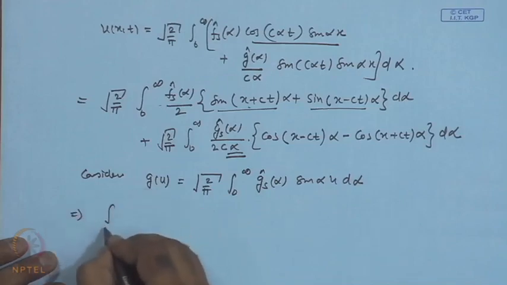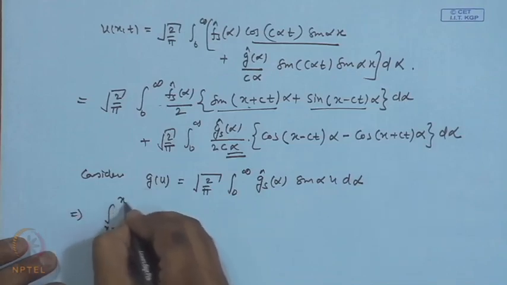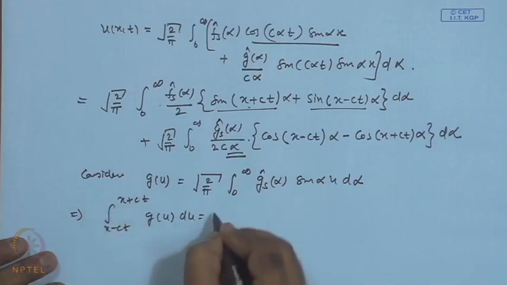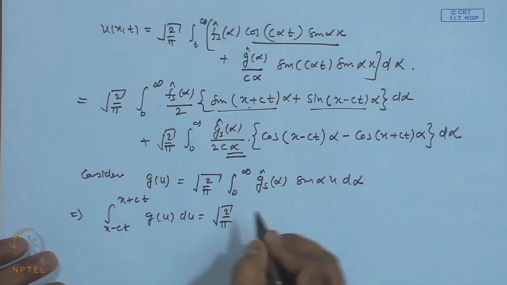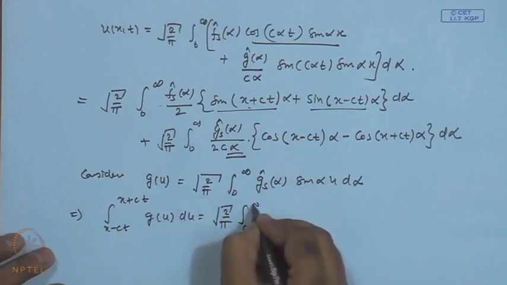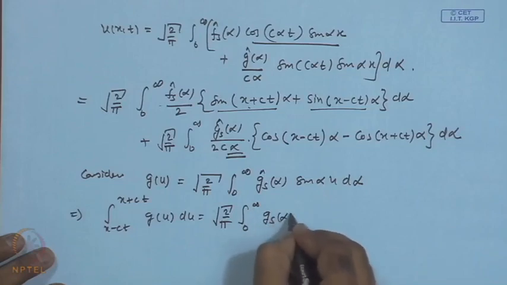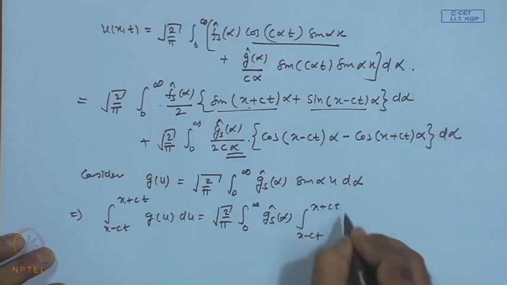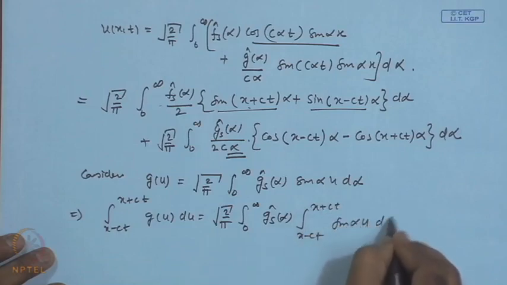And if we integrate this from x minus c t to x plus c t, g(u) du is 2 over pi, and we also change the order of integration. So, first from 0 to infinity will come g_s hat(alpha), and then the integral from x minus c t to x plus c t of sin(alpha u) d alpha.